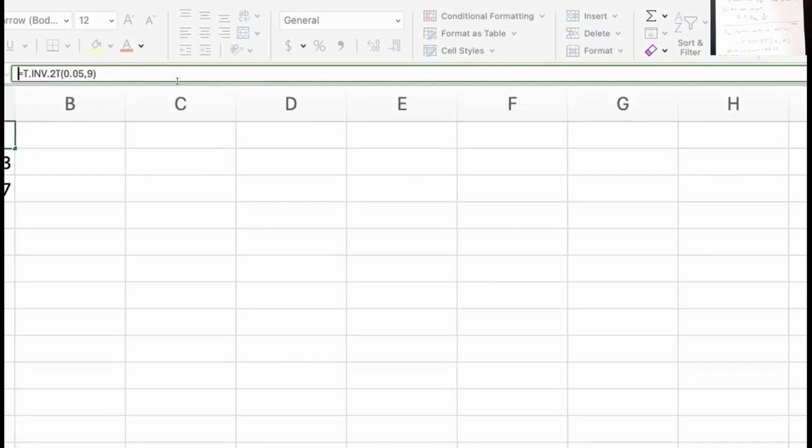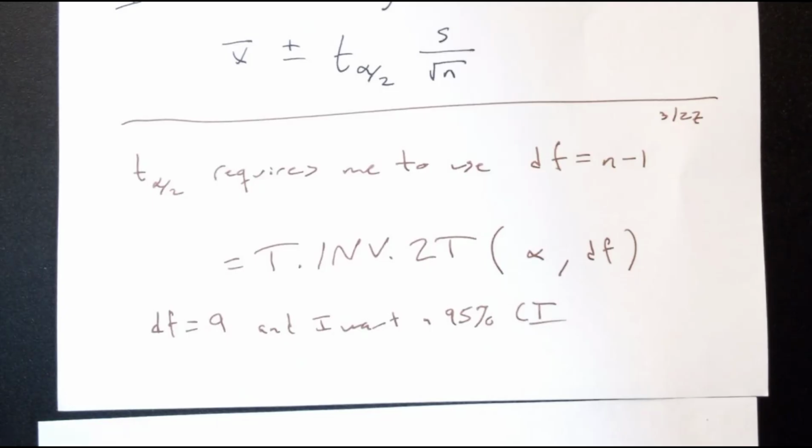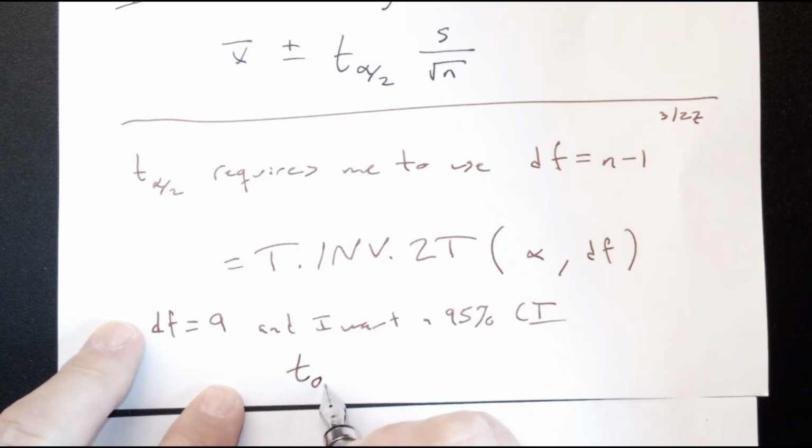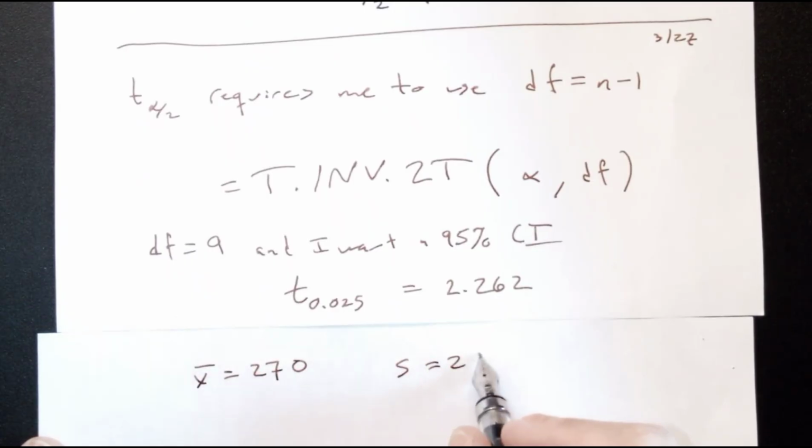Let me expand on this problem. If I tell you for this same problem that I have an average of 270 and a standard deviation of 20, I want a 95% confidence interval.